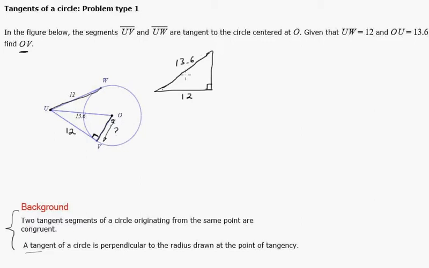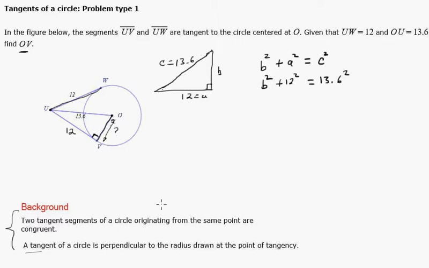The Pythagorean theorem says that if this is A, this is B, and this distance is C, then B squared plus A squared is equal to C squared. So A is 12, so that's 12 squared, and C is 13.6 squared, and then we have B squared.